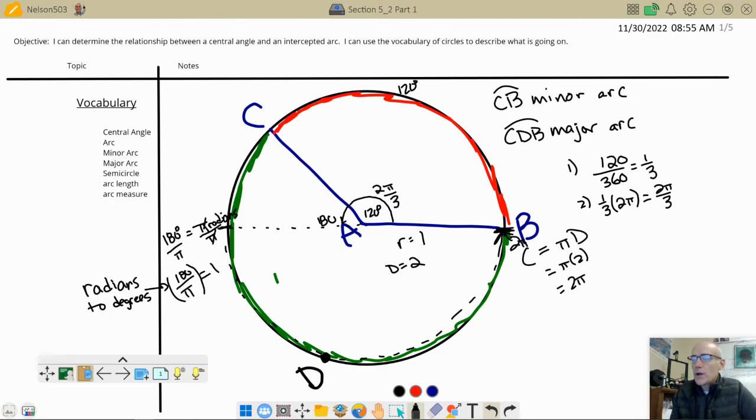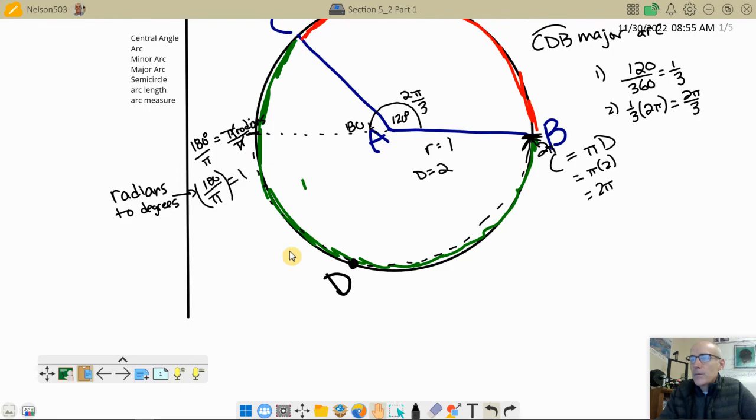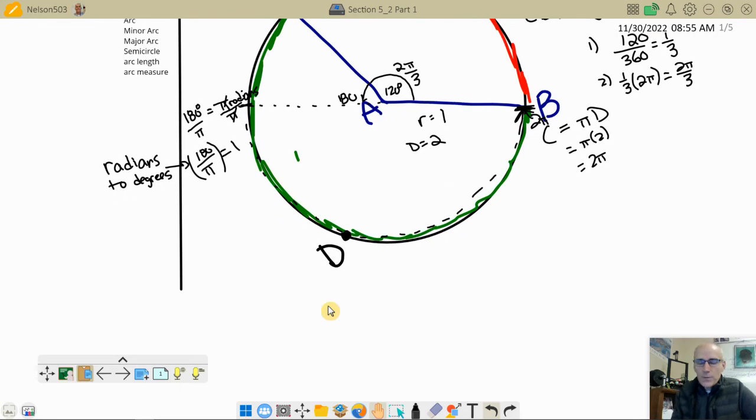So I want to try one right now with you. Let's say you had 5 pi over 6. It says the measure of the central angle, the measure of angle A, is equal to 5 pi over 6, and they want us to convert to degrees. So here's what I'm going to do.